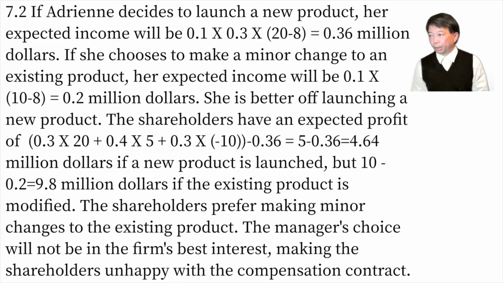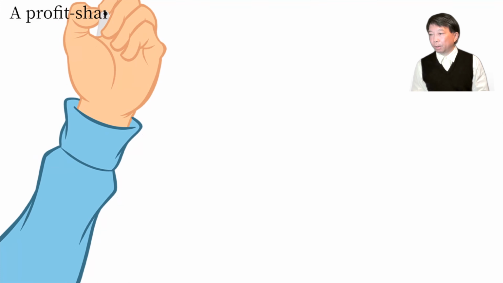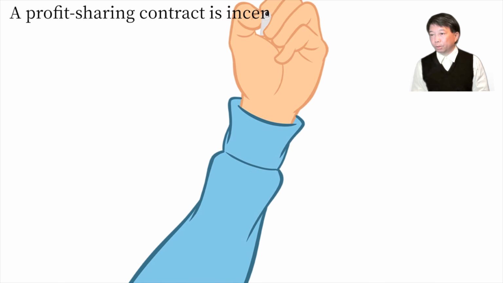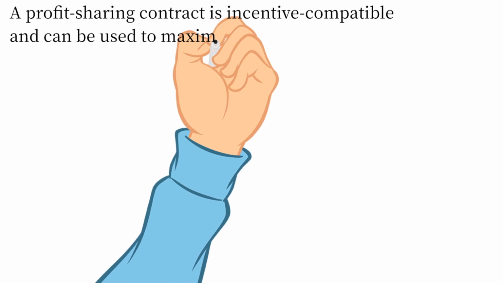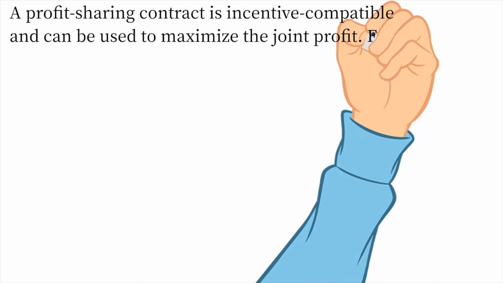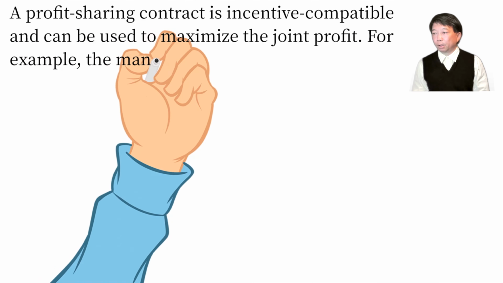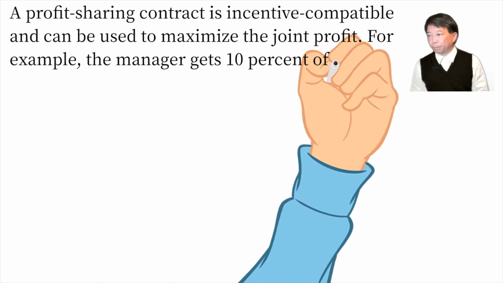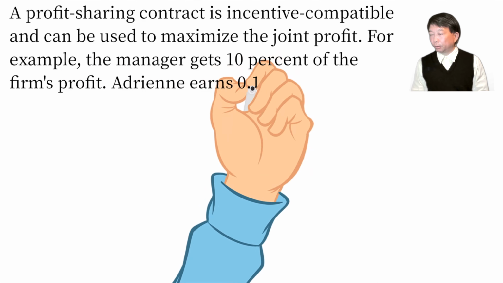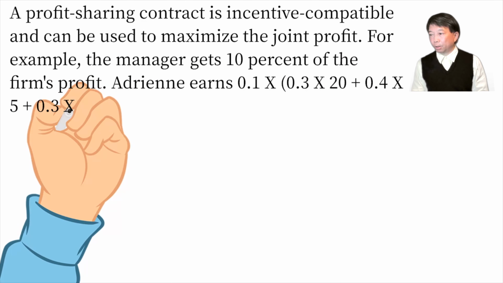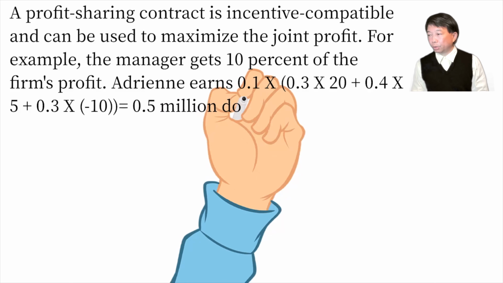A profit-sharing contract is incentive compatible and can be used to maximize the joint profit. For example, the manager gets 10% of the firm's profit. Adrian earns $0.5 million if she launches a new product.